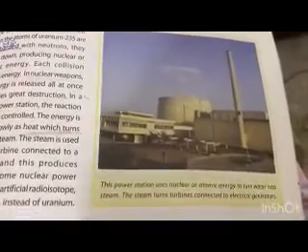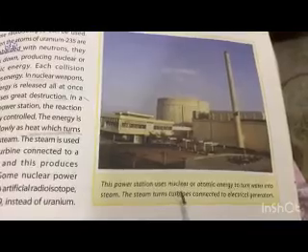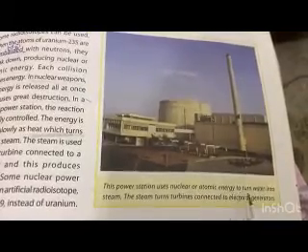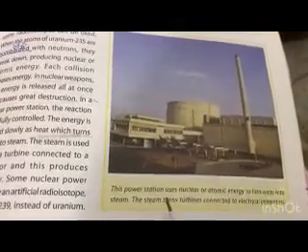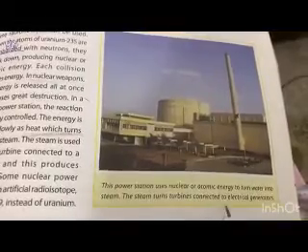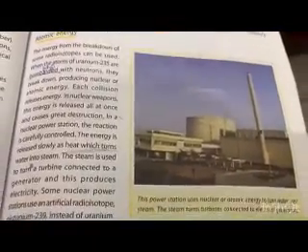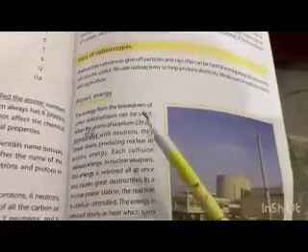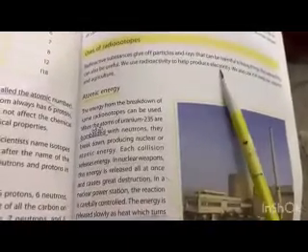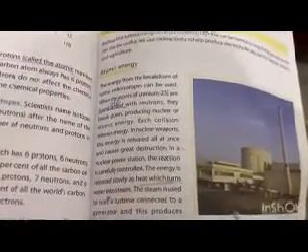So basically the power station uses nuclear or atomic energy to turn water into steam. The steam turns turbines connected to the electrical generator. This was the first example of how we produce electricity through a nuclear power station.